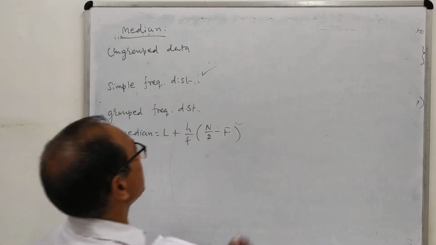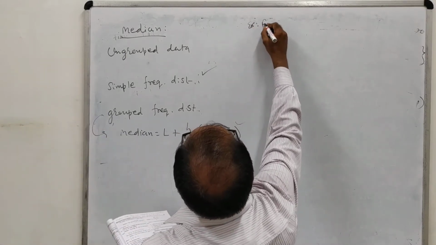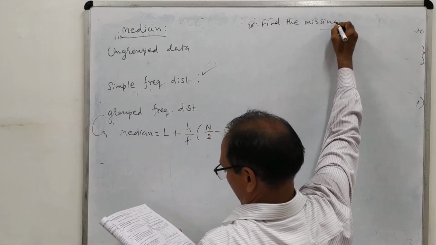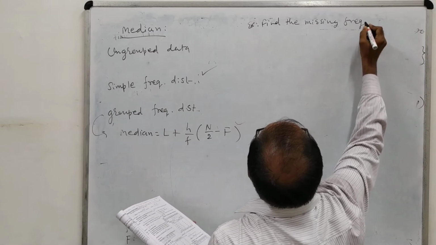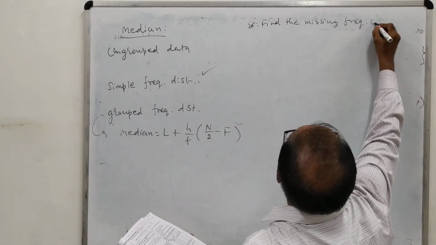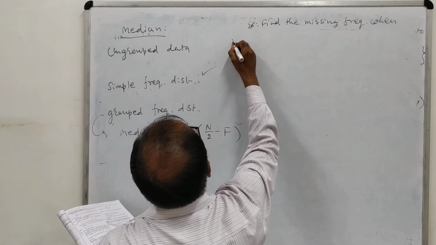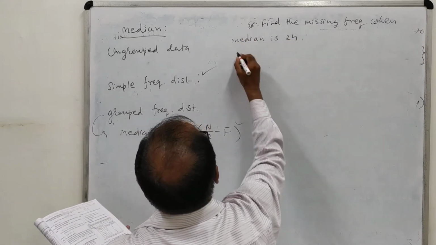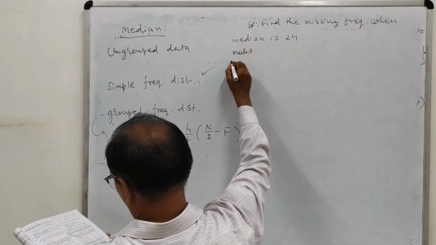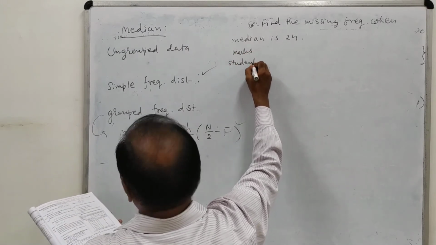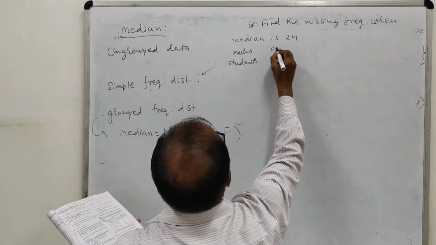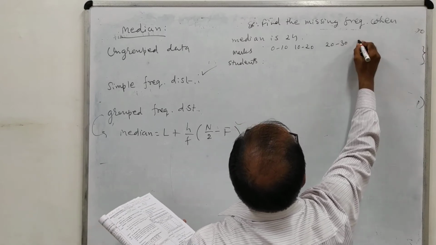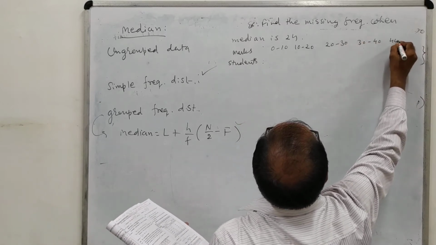Find the missing frequency when the median is 24, and the table is given as marks and students. The marks are from 0 to 10, 10 to 20, 20 to 30, 30 to 40, and 40 to 50.